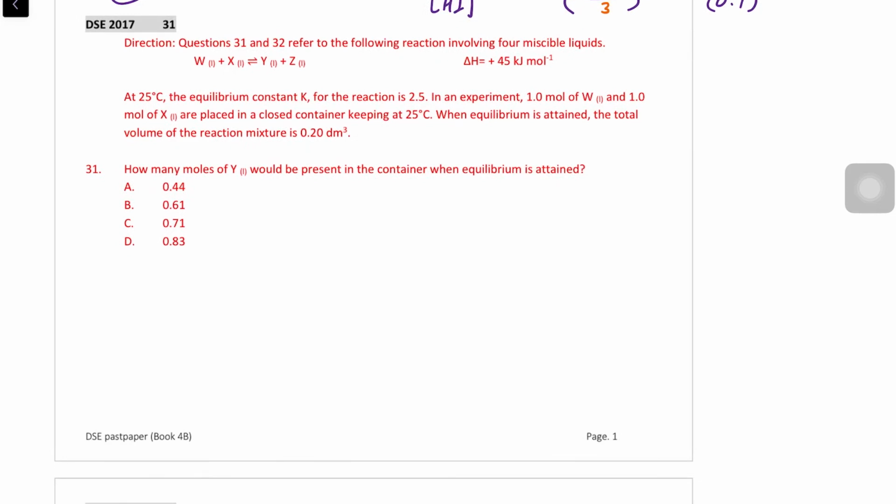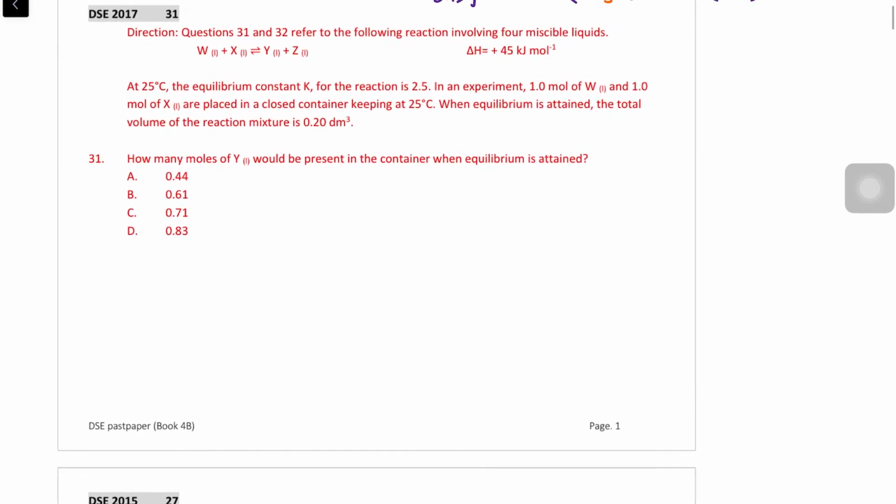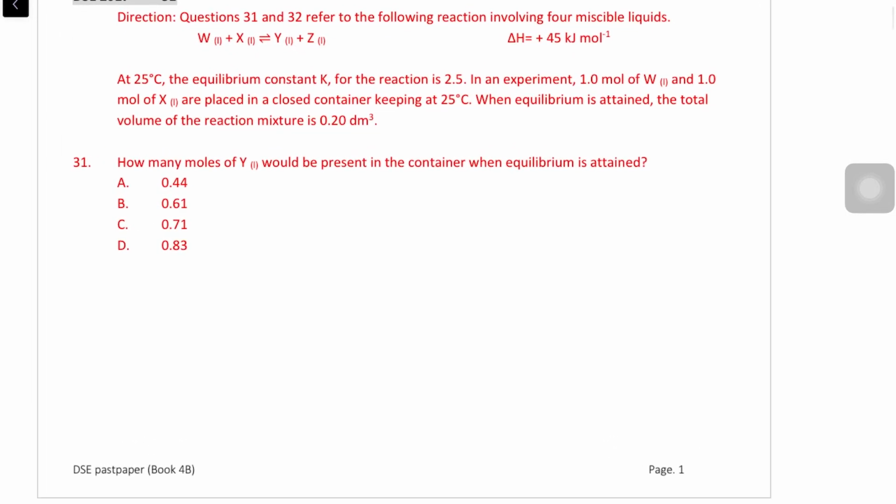2017, question 31. Well, this question is only about 56% of students correct. So let's see what's wrong. Now again, the equilibrium constant is 2.5 in the experiment. The total volume.